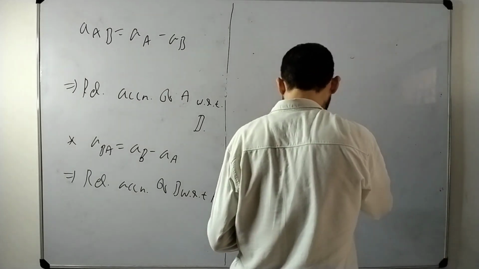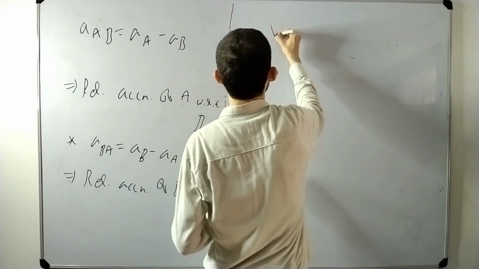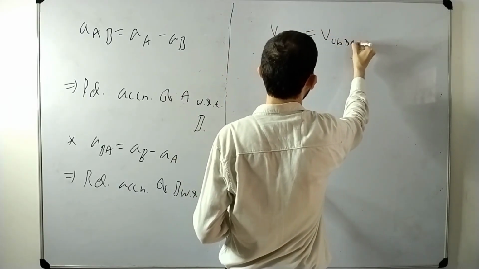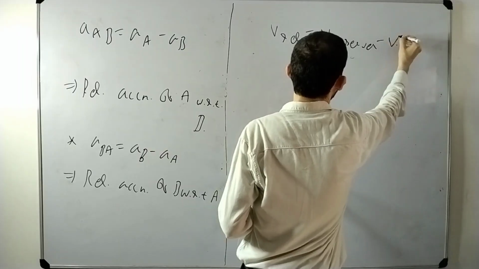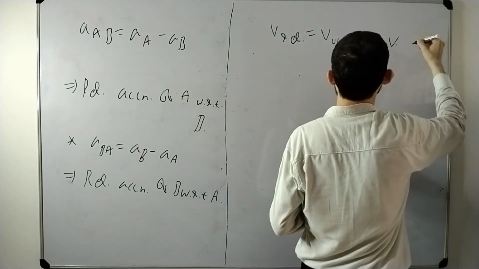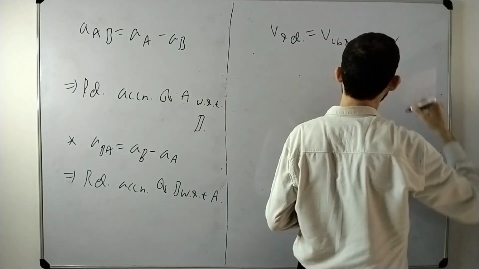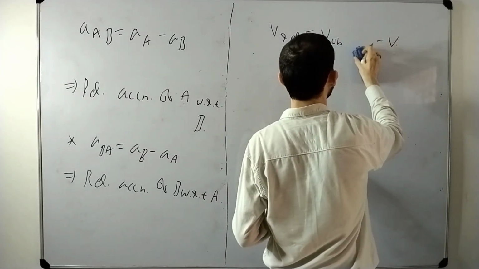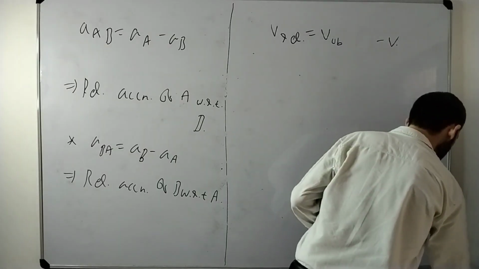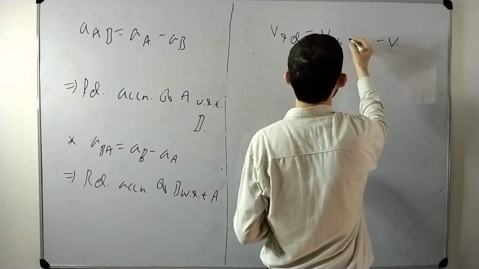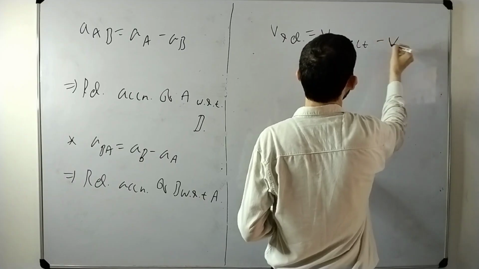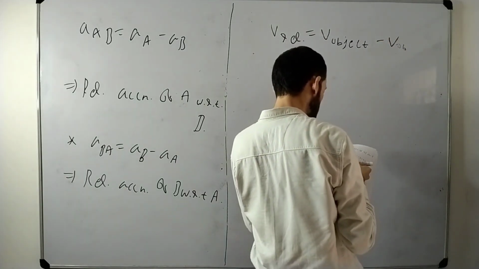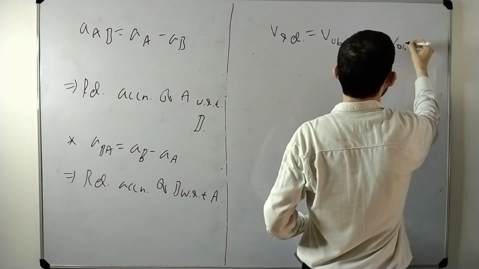I would write V relative is V observer minus V, sir, you wrote in a wrong way. It should be object, no? Object, yes. V object minus V observer.